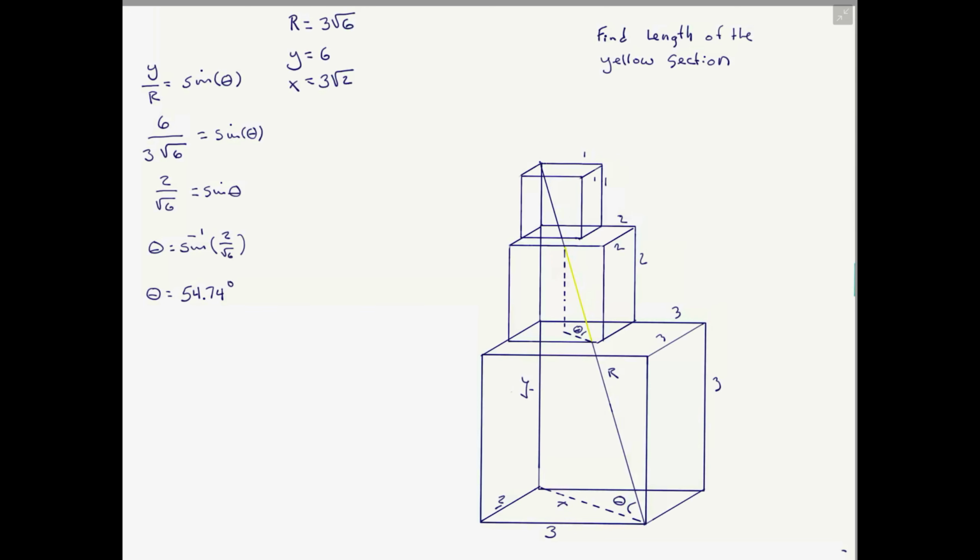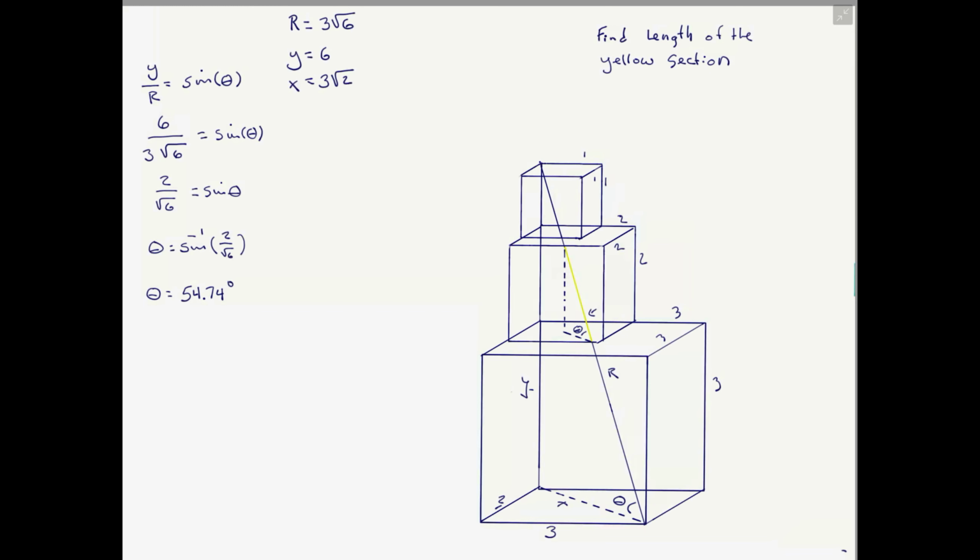We have 2 over the square root of 6 equals sine theta. And then theta is just the arc sine of 2 over the square root of 6. And theta is then, once we do the math, I think it's 54.74 degrees.